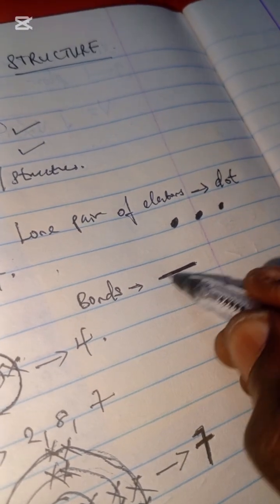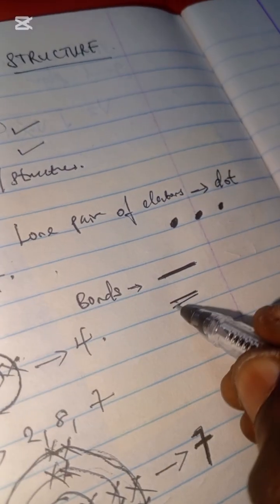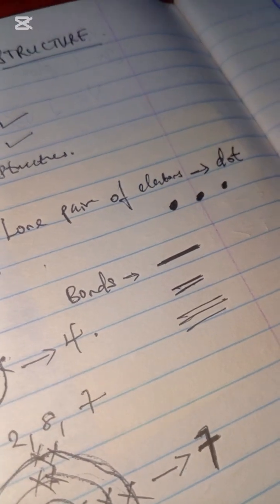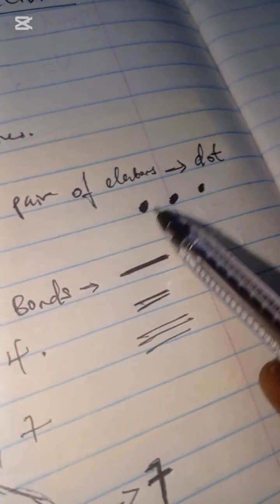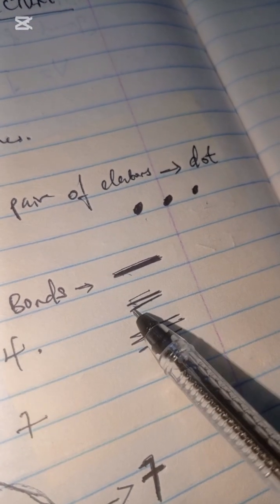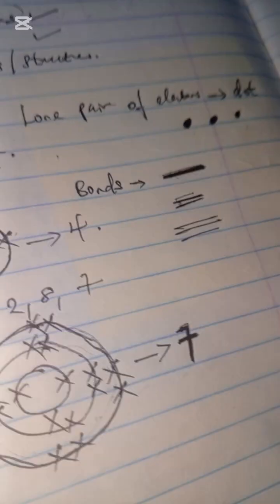So this is a single covalent bond, this is a double covalent bond, and this is a triple covalent bond. So valence electrons are denoted with dots, while covalent bonds are denoted with lines.